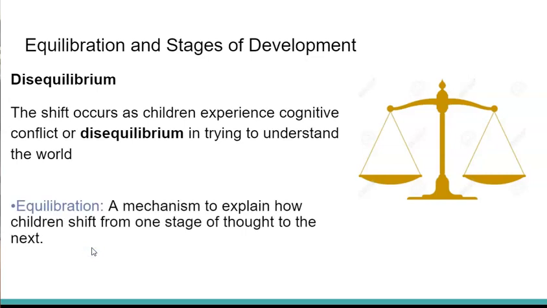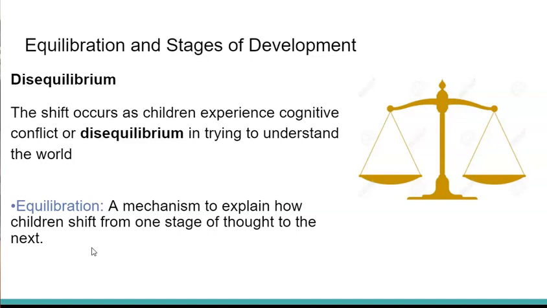When they are able to go from one stage of thought to the next, that's called equilibration. What that means is that finally children are able to come to this cognitive understanding of what things are in the world. When we talk about the girl Jocelyn in the last lecture slide, she reached equilibration when she finally figured out that a cat is something different than a dog.